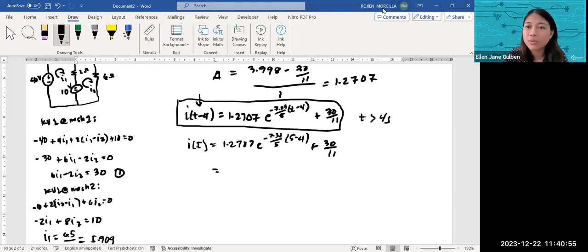That is equal to, okay, so I at 5 seconds is equal to 3.0206 amperes. So that's it.